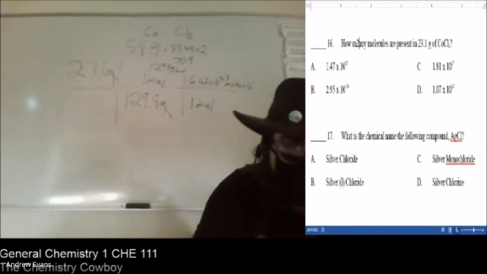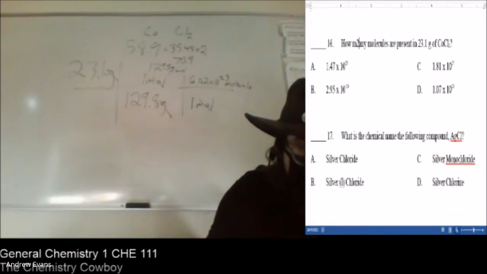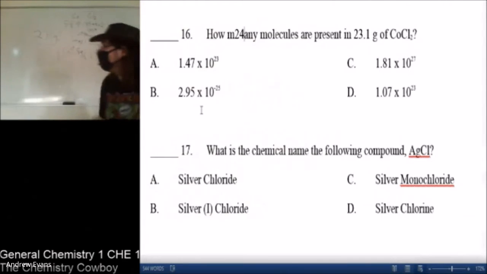So going back to our setup, I got, and take a minute to try to figure it out, but I got 1.07 times 10 to the 23rd, or answer D.